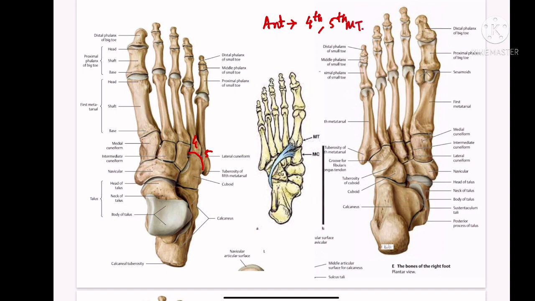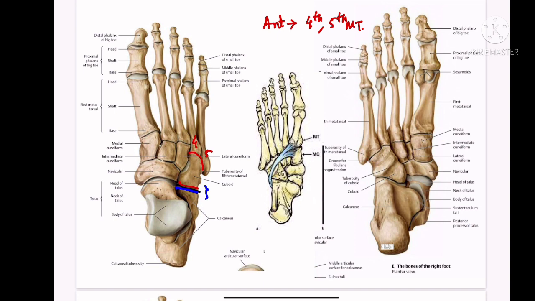Then the posterior surface or proximal articular surface. This is the posterior surface. It presents a concavo-convex articular facet for articulation with the anterior surface of calcaneum. Here goes the anterior surface of calcaneum, and together they form the calcaneo-cuboid joint.